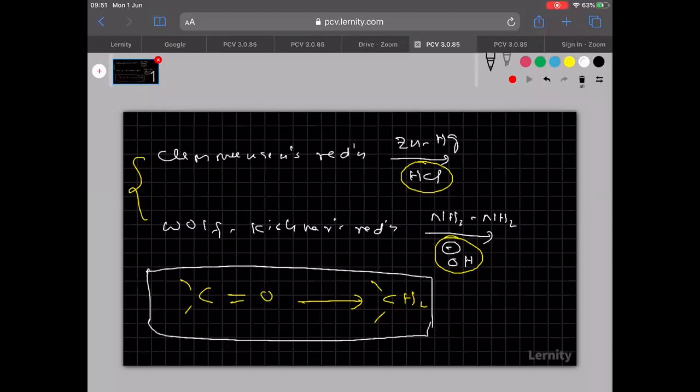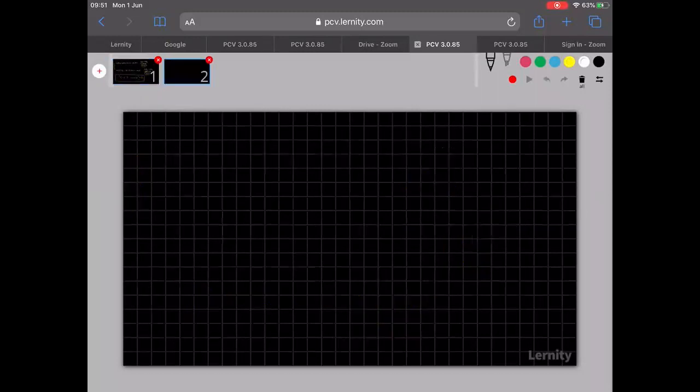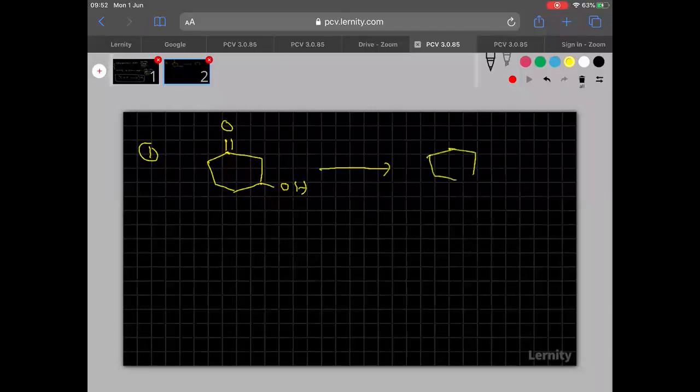Right. Now, let us do some questions based on this concept. First question, see clearly everyone. This is the compound given and this one should be converted like this. What are the reagents used for this conversion?